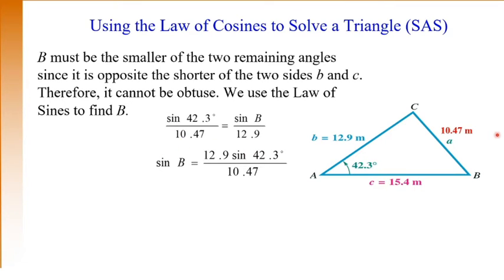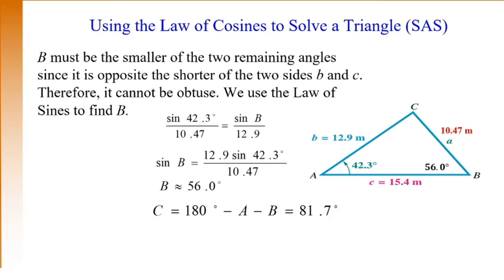Using the calculator, we get 56 degrees. I have already discussed on our previous videos on law of sine how to use your calculators to compute for that. Since you already have angle B, which is 56 degrees, to get angle C we just subtract from 180 degrees, the sum of the interior angles of a triangle. So 180 minus the sum of those two angles.